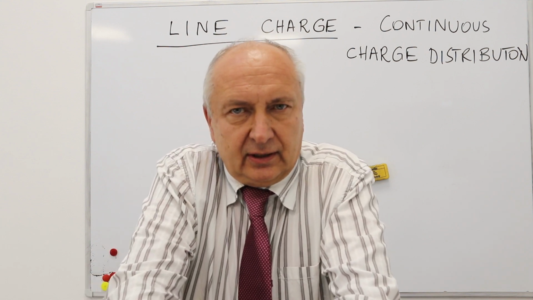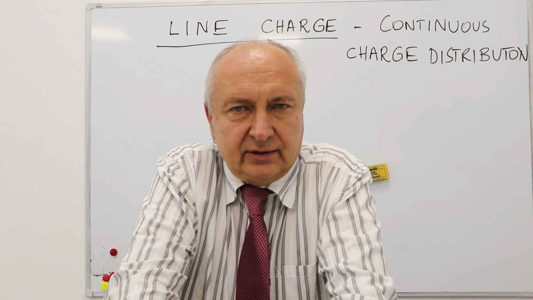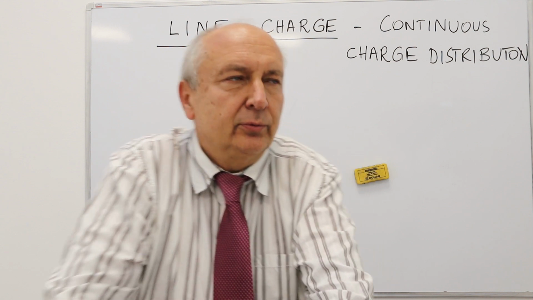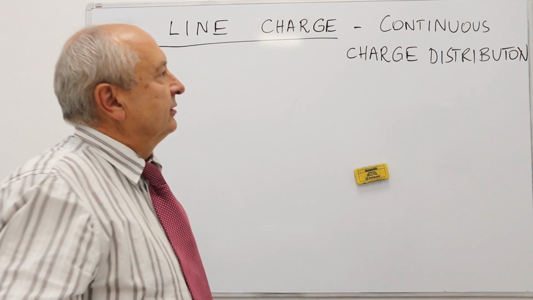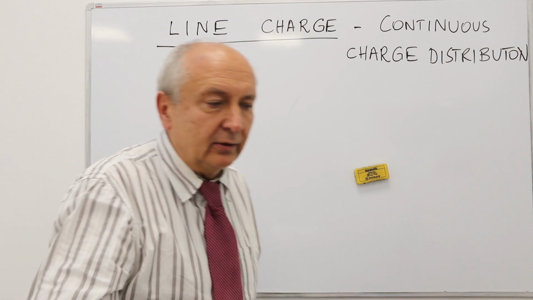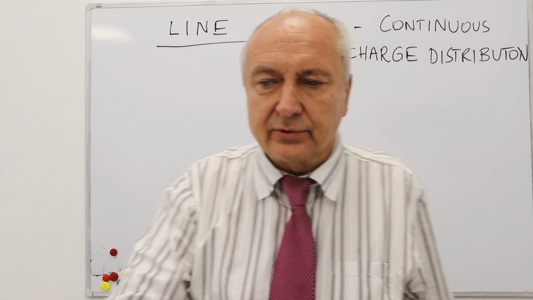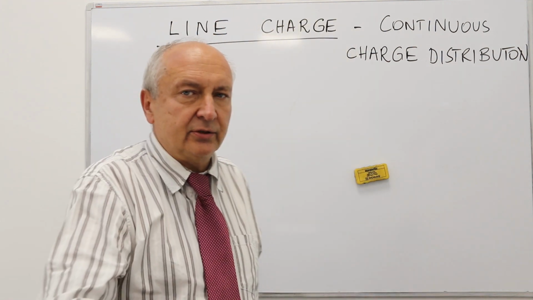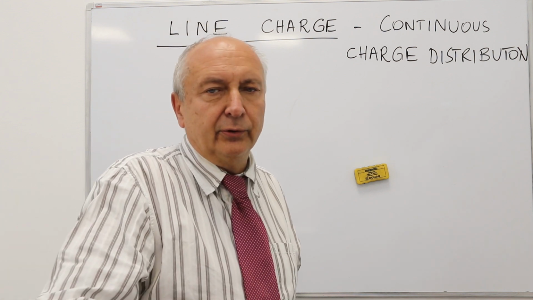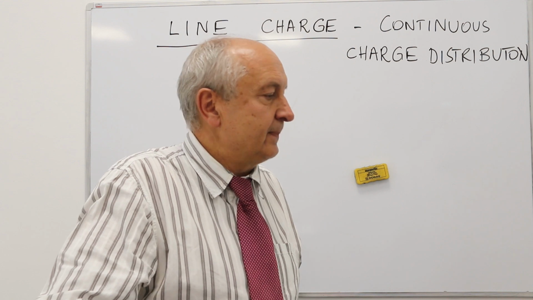But charge could exist in a different way, as a continuous charge distribution, and we can have three kinds of continuous charge distribution: line charge distribution, surface charge distribution, and volume charge distribution.